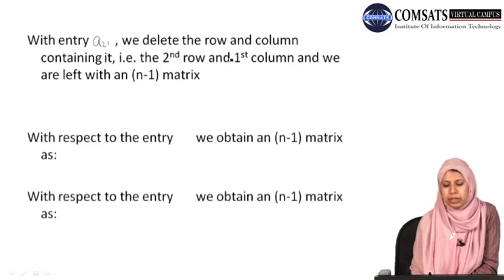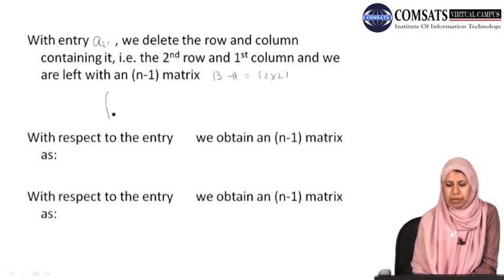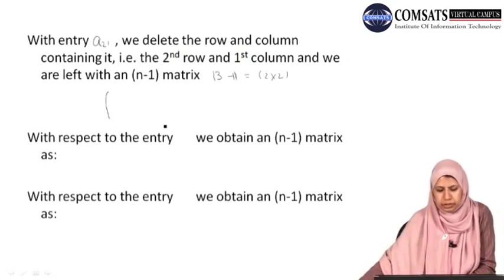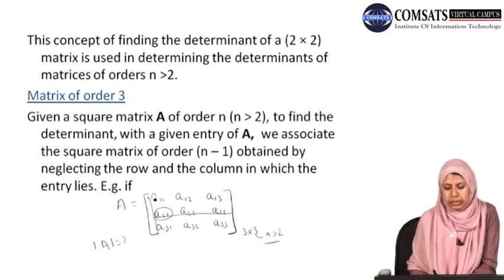That is, we will obtain a matrix of order 3 minus 1, that is, a matrix of order 2 by 2. And how will we obtain this matrix? Just look at our given matrix again: by ignoring the row in which the entry occurs.